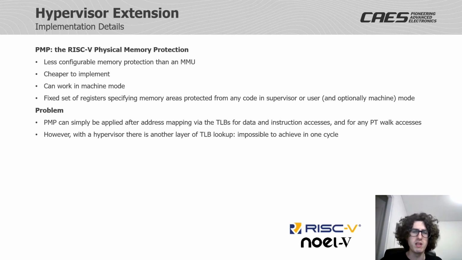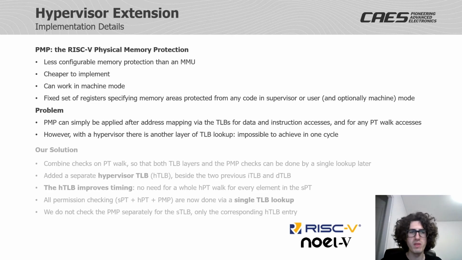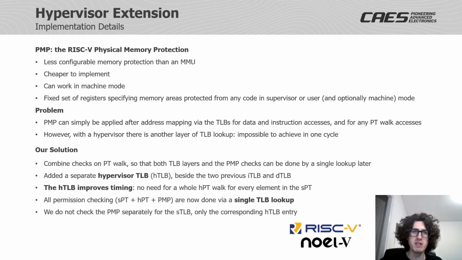When introducing a hypervisor, however, the extra layer of the TLB lookup makes it nearly impossible to perform all the checks in one cycle. To overcome this, our solution combines checks on the page table walk so that both the TLB layers and the PMP checks can be done by a single lookup.